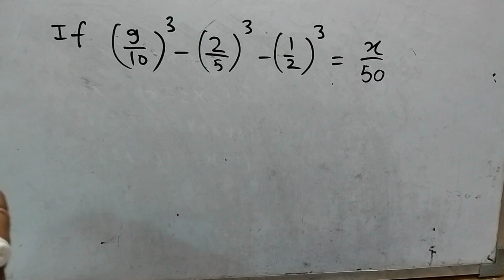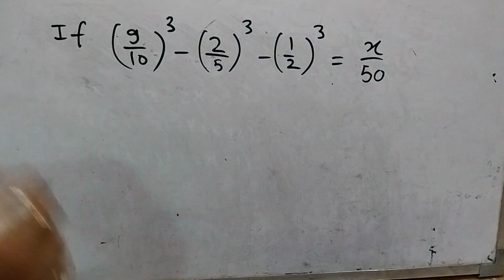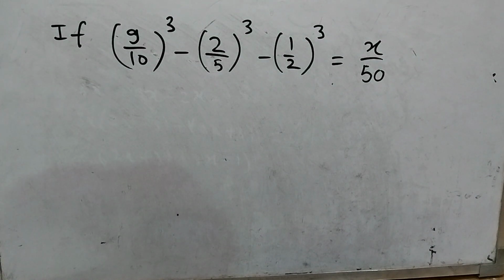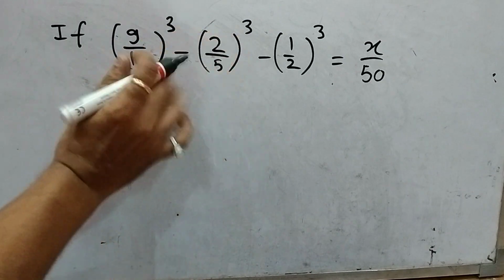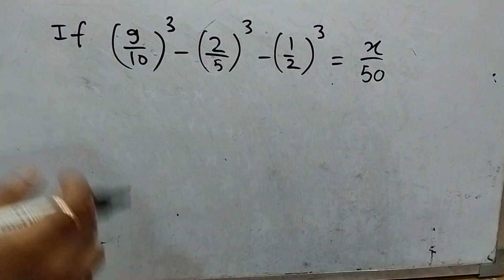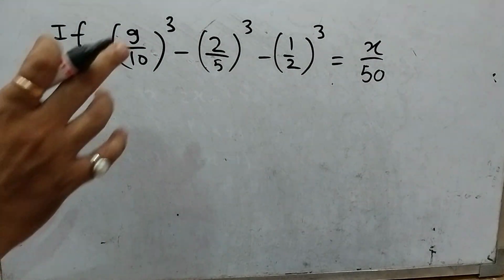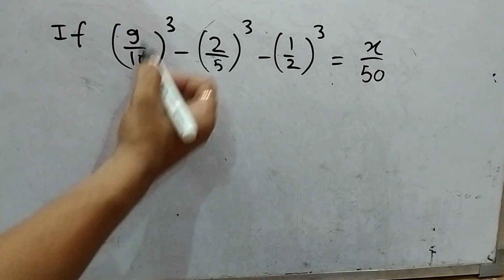So we have an algebraic identity: a cube plus b cube plus c cube equal to 3abc when a plus b plus c equal to 0. We don't have to solve all the numbers here. The instruction is given that you have to use the algebraic identities. So we have a cube plus b cube.